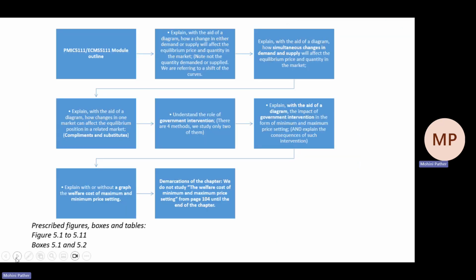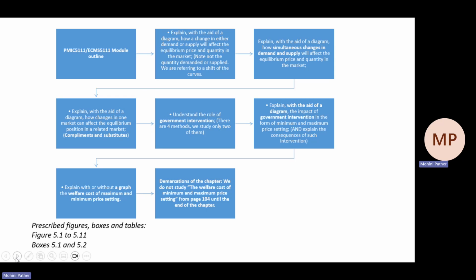If we look at the learning objectives for this section of the module, we're going to look at how you can draw these graphs, both demand and supply, and show how the movements to each graph impact both price and quantity.